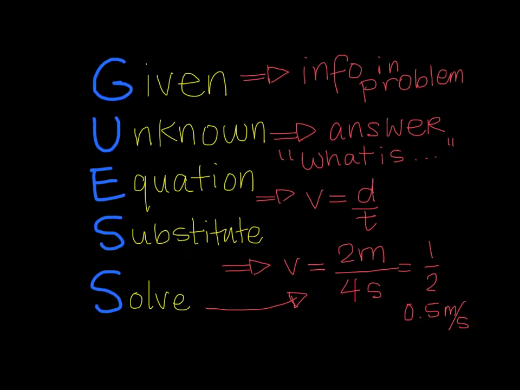Okay, so let's put this into a problem. So look at the equations that we have on our worksheet from today, the worksheet called Determining Speed, and that's also called Velocity.